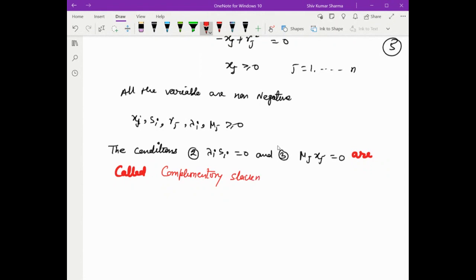These two equations are called complementary slackness conditions.